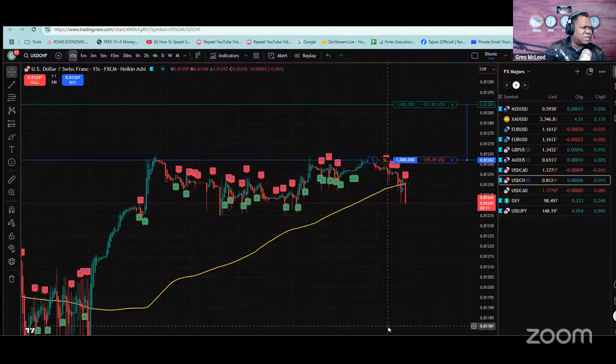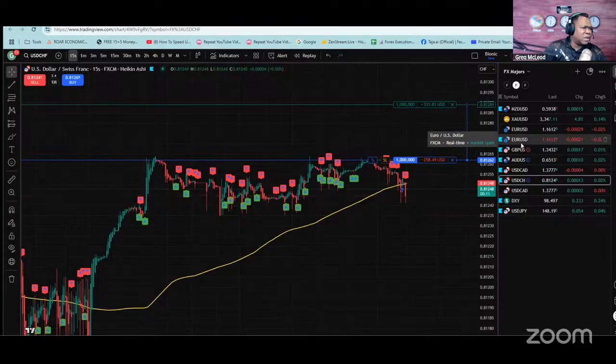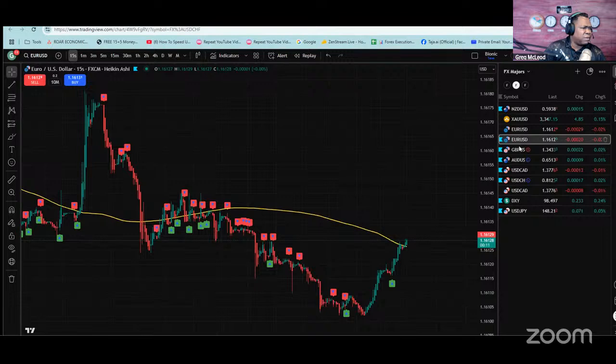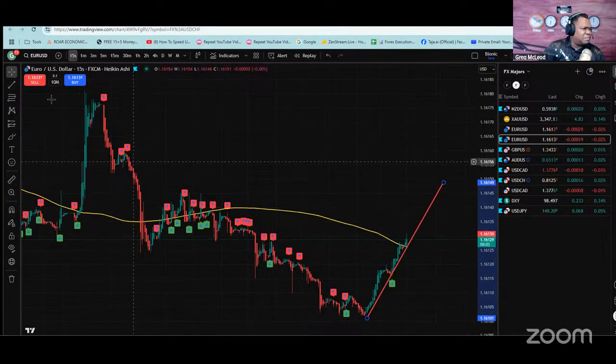Similarly, we can take a look at the euro dollar and look at possibly getting short on that, right? Now you can see that it's been going down for a long period of time. We're in Asia session, and so price is rallying up.